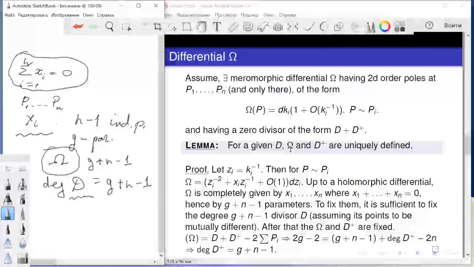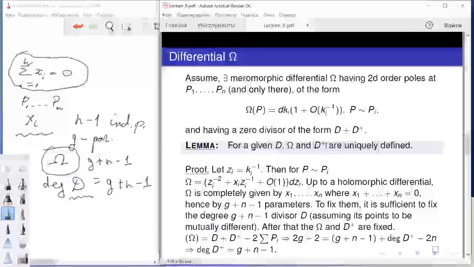Hence, the remainder of its zeros is also determined, and this is just by definition the divisor D plus. So the divisor D plus is also determined by giving D.